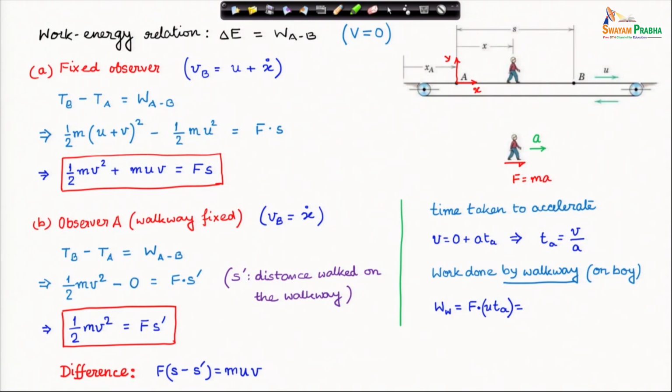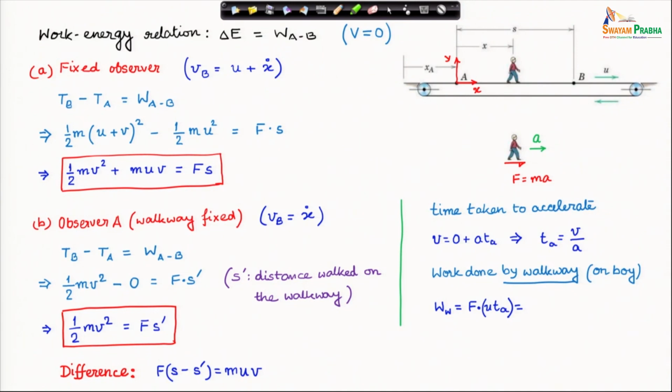F is the force acting between the walkway and the shoe of the boy, and this is the only force in the horizontal direction, so this must be doing the work. This work must be F times the distance travelled by the walkway in that time, because this force is acting between the boy and the walkway, as long as the boy is accelerating.